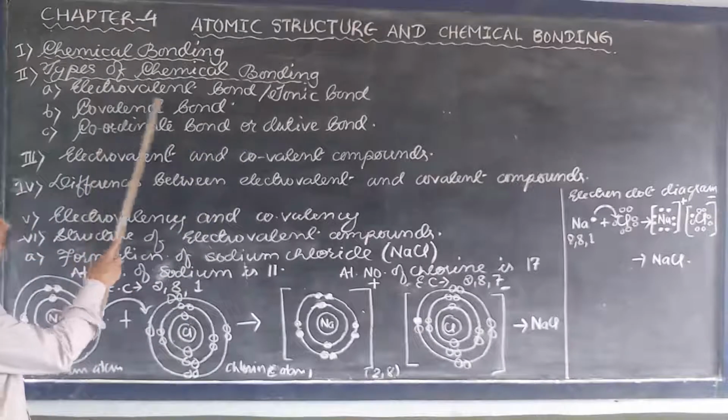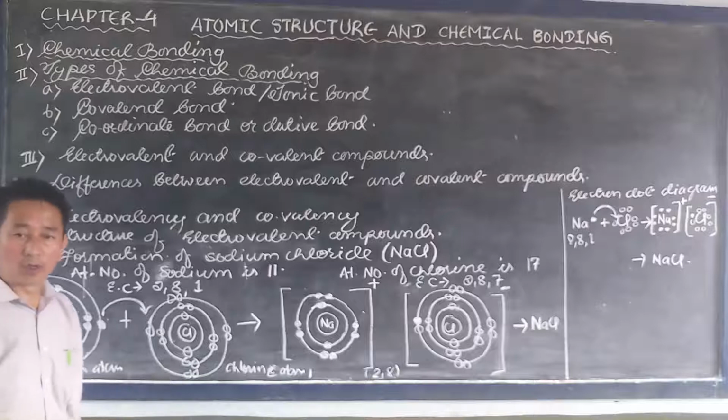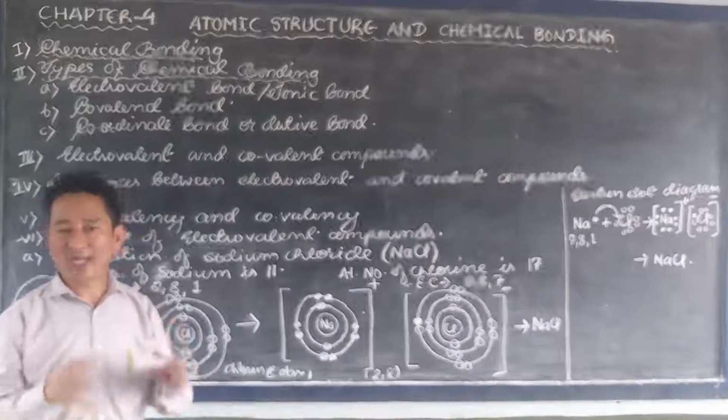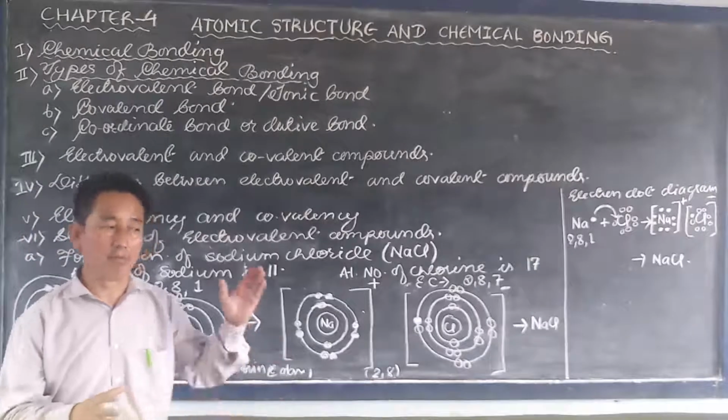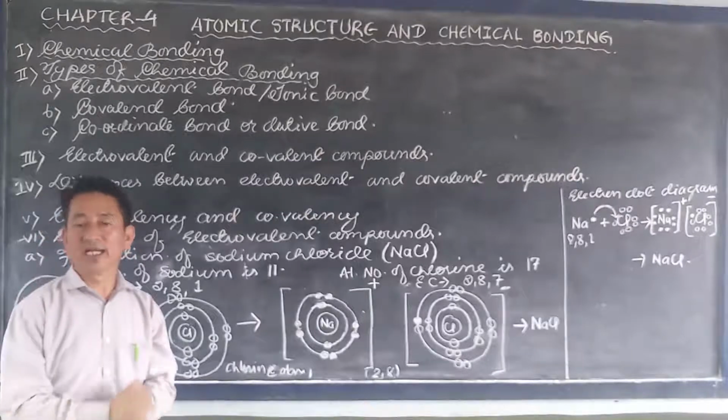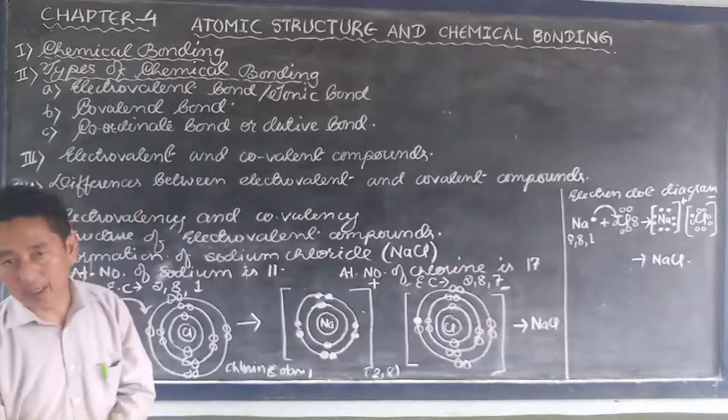Now, what is an electrovalent or ionic bond? The chemical bond which is formed by the transfer of valence electrons from metal to non-metal is known as an electrovalent or ionic bond.